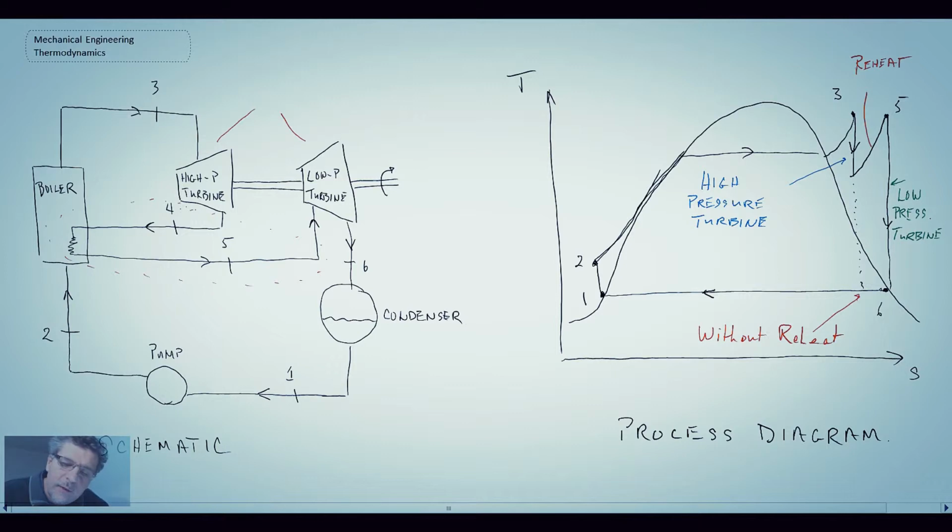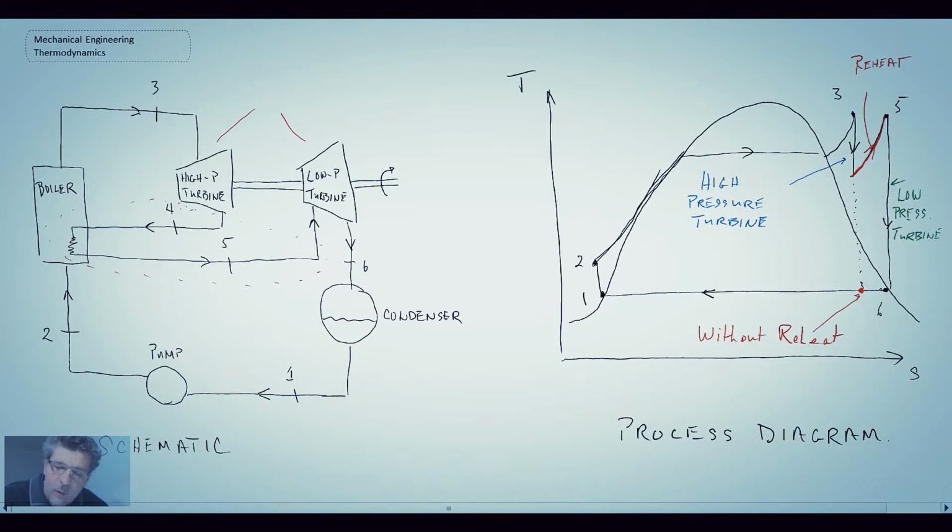And then in terms of the diagram, the changes are this reheat section here, where we expand partially in our high pressure turbine, we reheat, and then go back up to a high temperature and expand again. The advantage of doing this is that had we expanded directly from 3 down, we would have ended up in the 2-phase region.